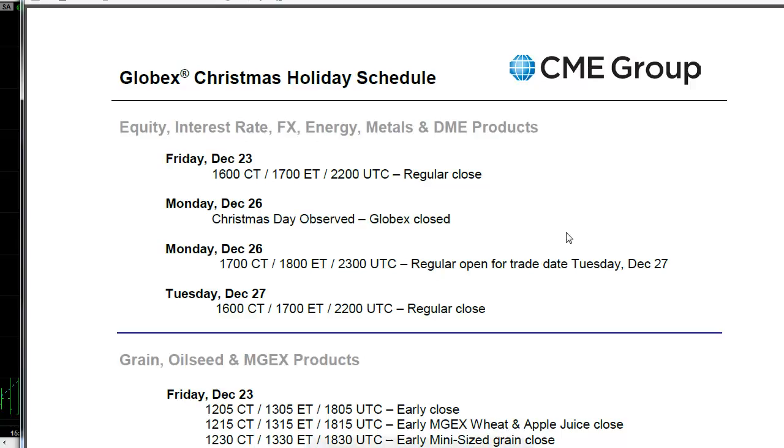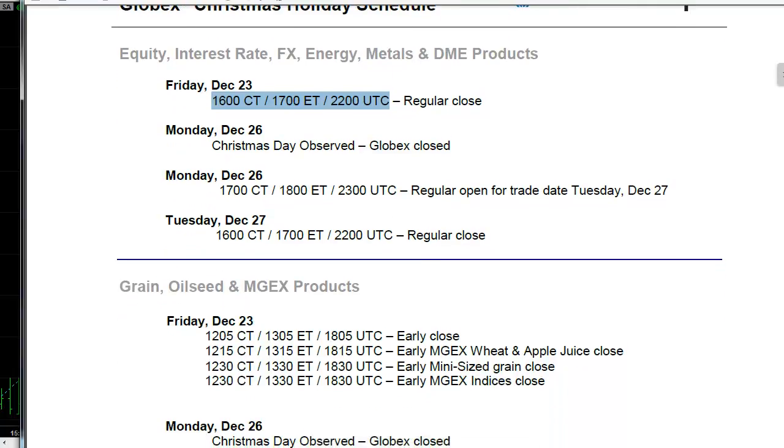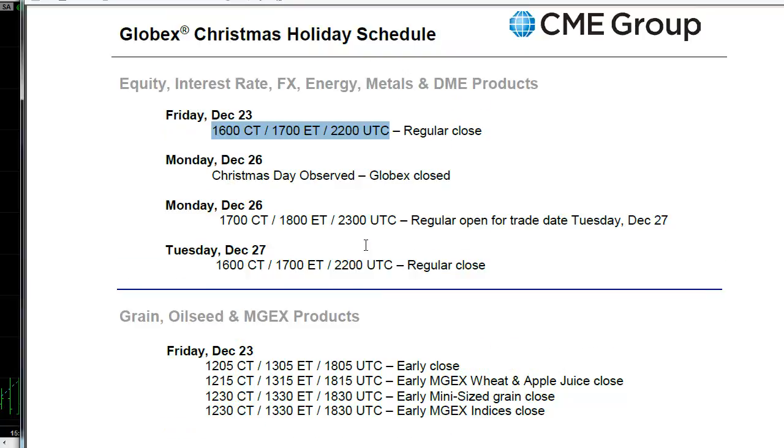Christmas, for example, it says normal close on Friday. So the one additional situation here is some markets close early, while others do not. So most markets, the financials and energies do not close, metals do not close early. It's a regular close on Friday.